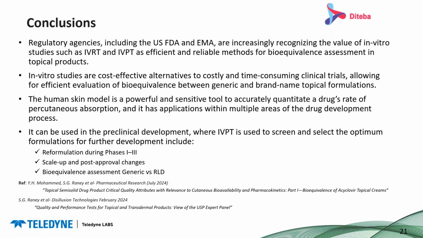The proposed version in the current USP also discusses experimental designs and method development considerations for IVPT studies. The EMA tends to offer more general principles regarding in vitro studies, with less detailed focus on specific IVPT of topical products. Thus, more interpretation is sometimes required when aligning study design with the EMA.